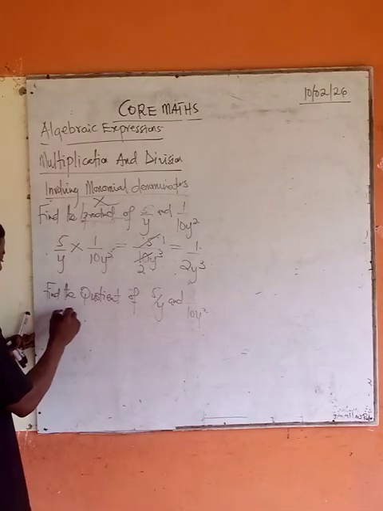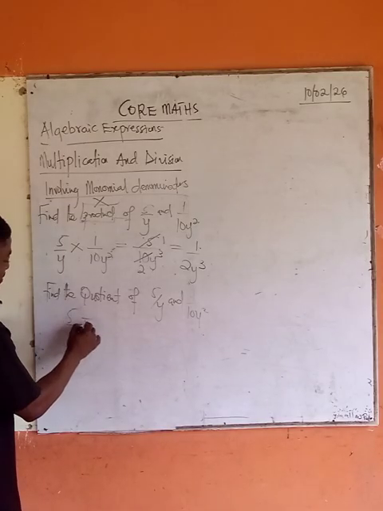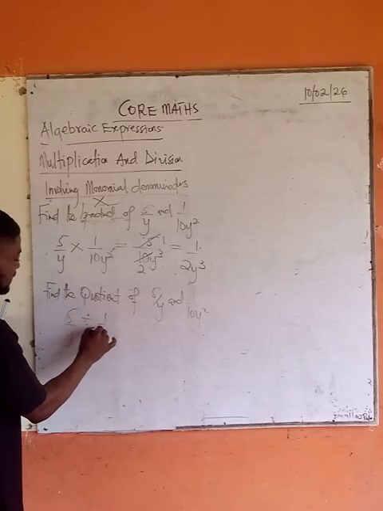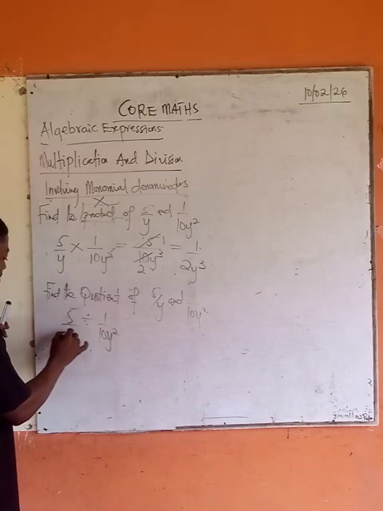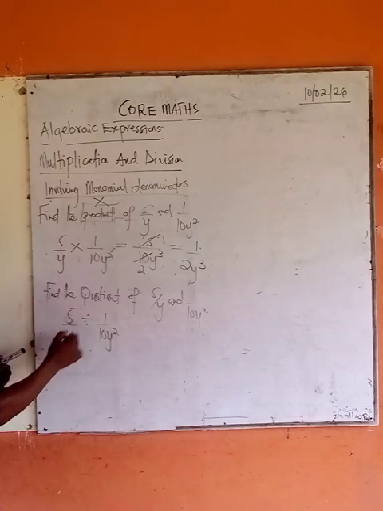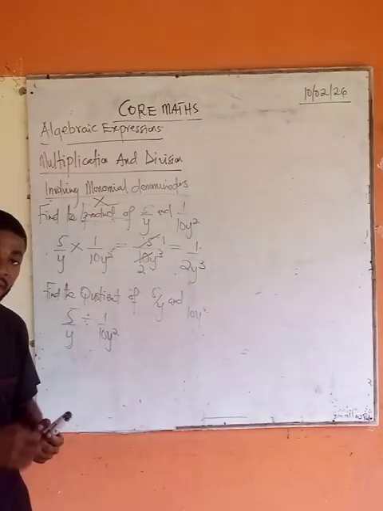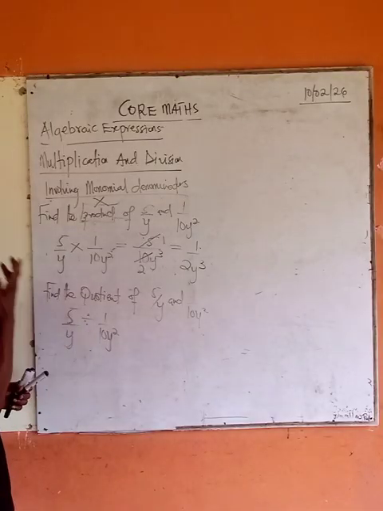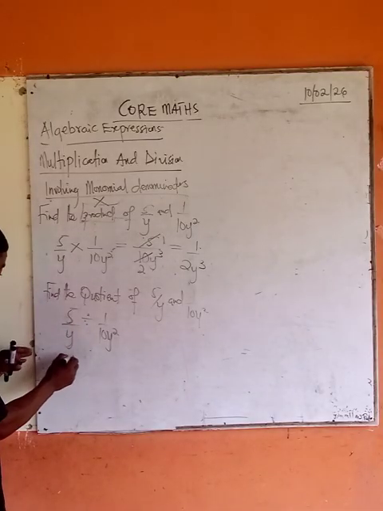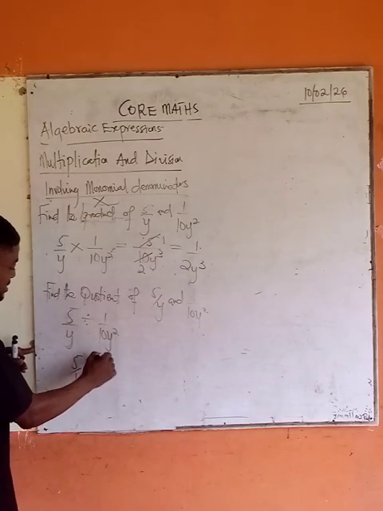So I have 5 over y divided by 1 over 10y squared. We were told from basic school that if you have two fractions and they are divided, you reciprocate the second fraction so that you can change the division sign to a multiplication sign.